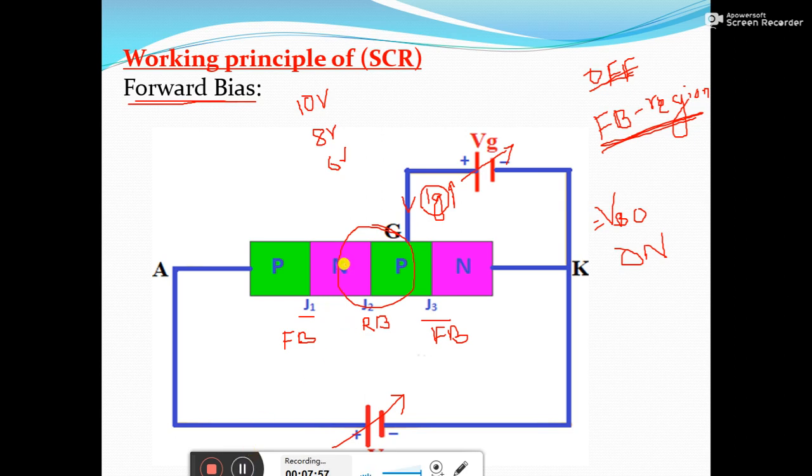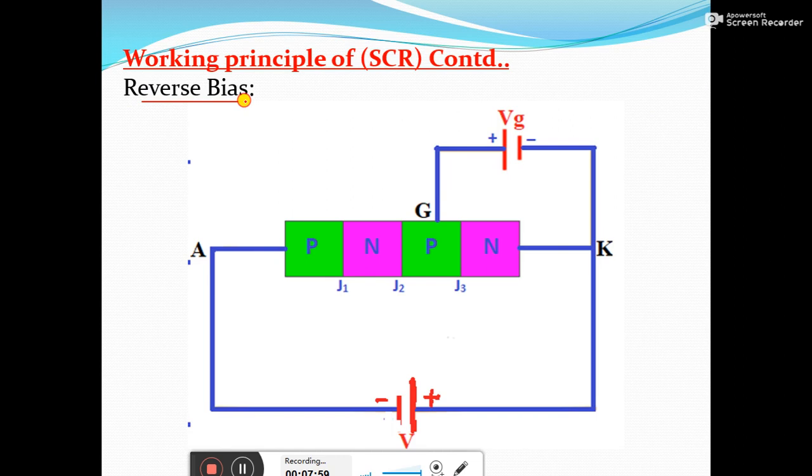Now let us discuss one more case, that is reverse bias. In reverse biasing, the anode is made negative with respect to cathode, so a reverse voltage is applied here. Whenever we make this arrangement, the junctions J1 and J3 both will be reverse biased, whereas only the junction J2 will be forward biased.